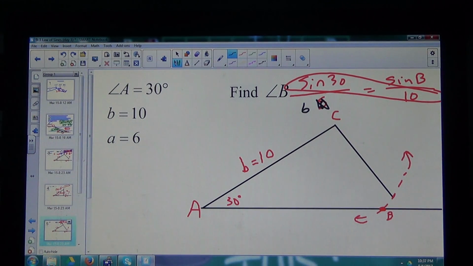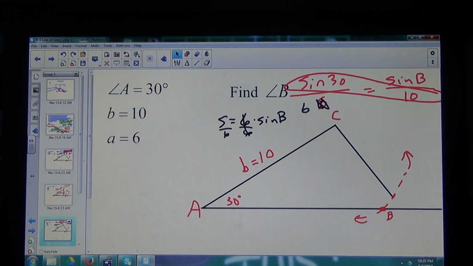So now I'm left with 5 equals 6 times the sine of B. I divide by 6. So now you do the inverse again, just like the last two problems.